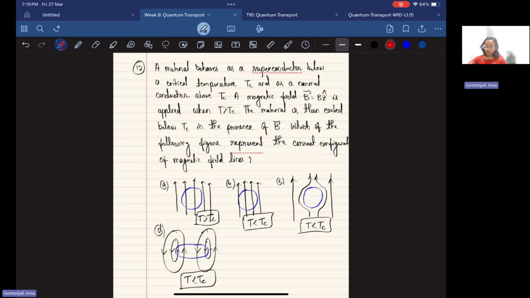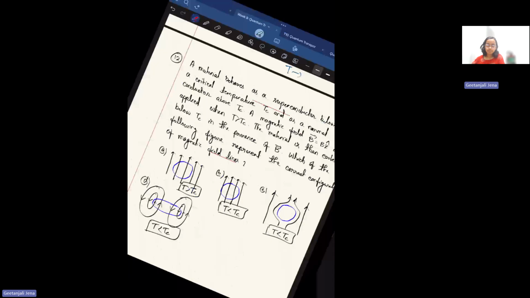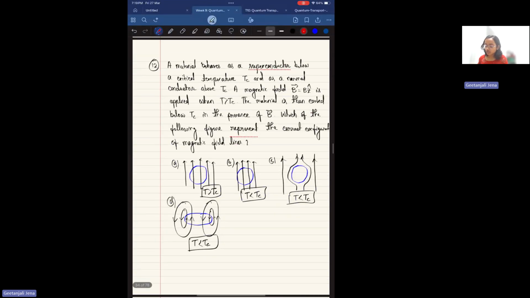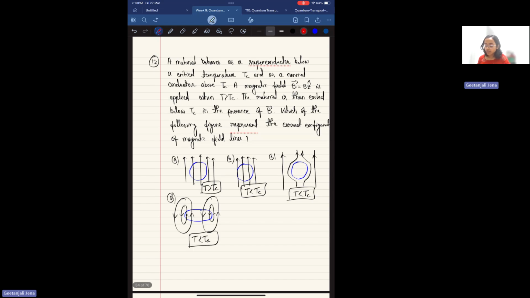Question number 12. I think it's better in this orientation. Okay, so there is a material which behaves like a superconductor below a critical temperature, Tc, and is a normal conductor above Tc. A magnetic field B equal to Bz cap is applied when T is greater than Tc. The material is then cooled below T equal to Tc in the presence of this magnetic field.